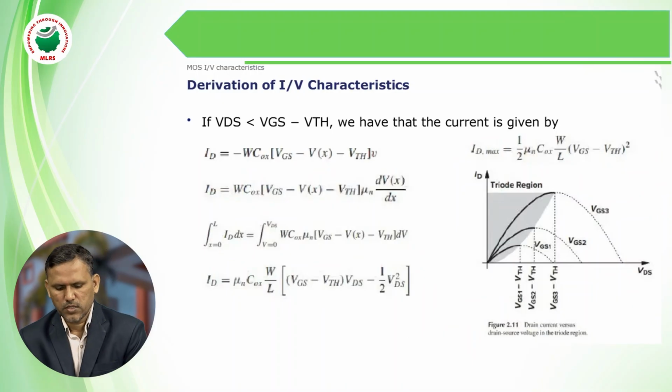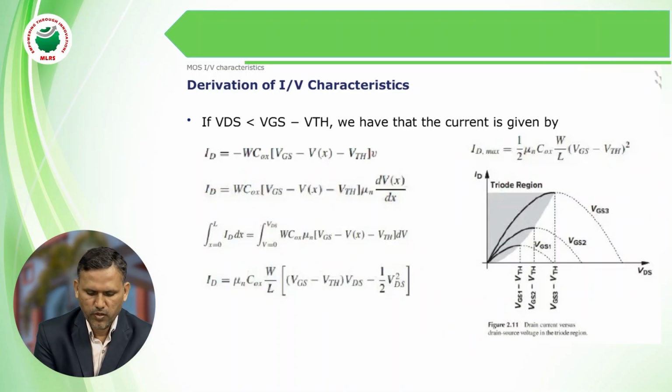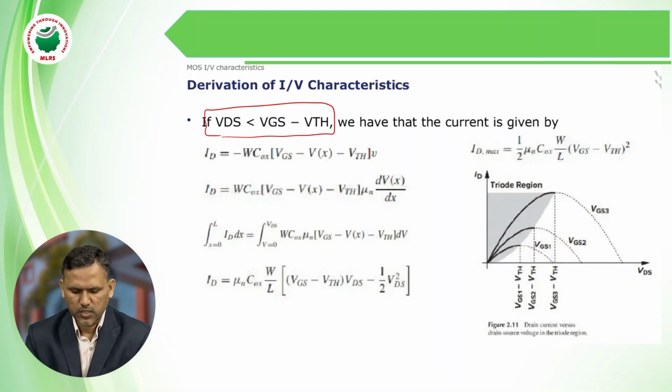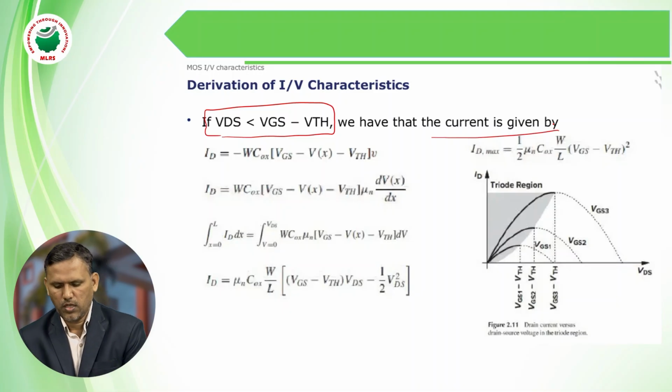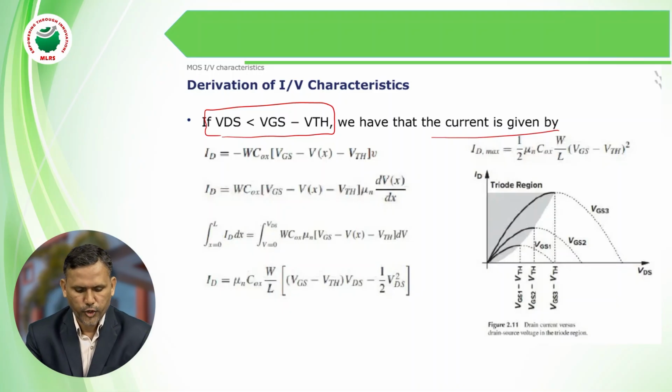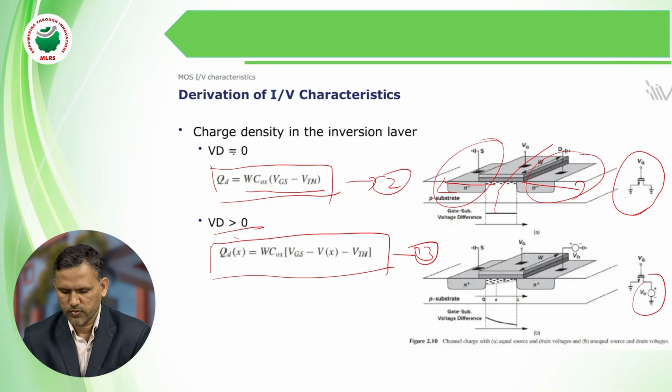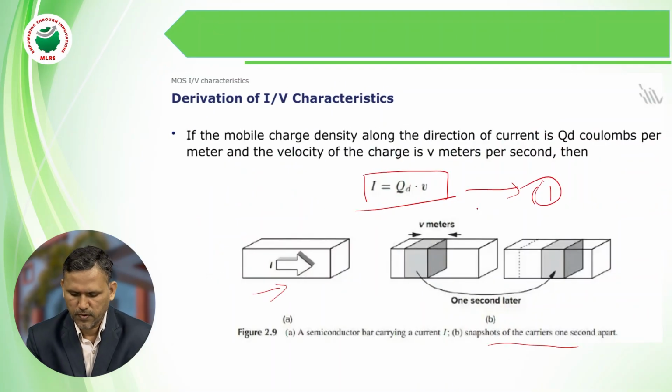Now suppose we consider two cases. One is VDS greater than VGS minus threshold voltage. In this case, we are going to consider the current equation: ID equal to QD into V. Substitute QD and V. According to equation 2, QD equals this expression, and V, and this is ID from the first equation, equation 1.